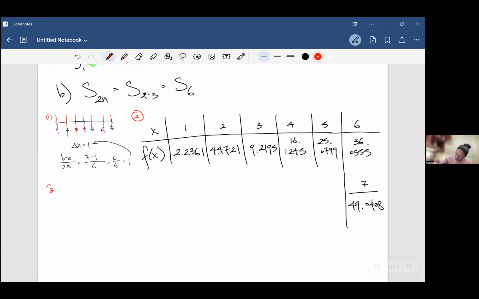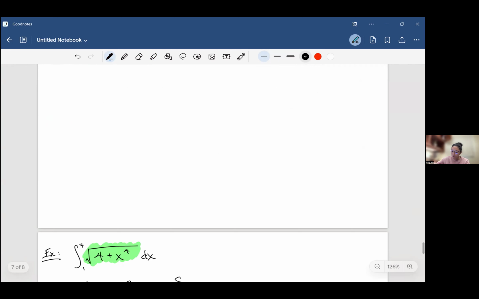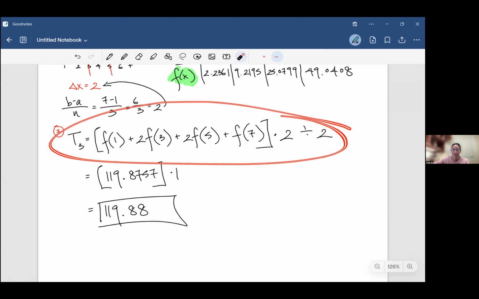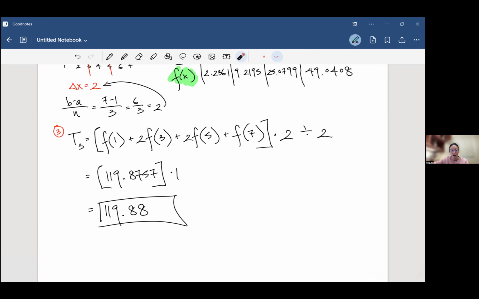Now I need to plug them into the formula. If I plug it into the formula that I used for the trapezoid, that's going to be wrong because that's for the trapezoid approximation. So I want to make sure I use the correct formula, which is our Simpson's approximation.